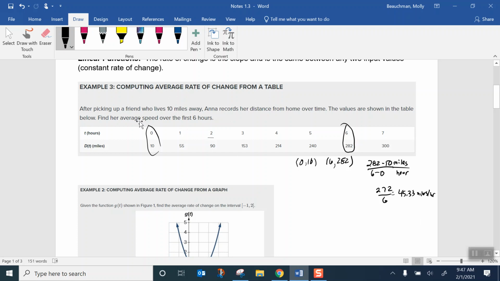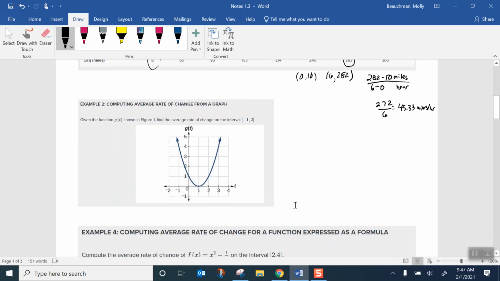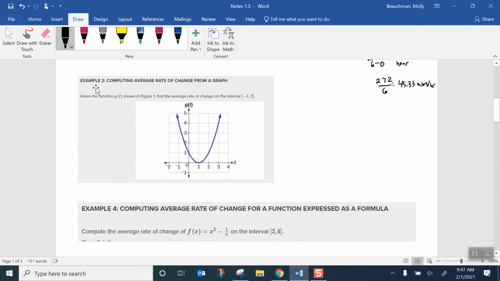So besides being given values in a table, you might be given a function in graph form. So our next example is, how do you compute average rate of change from a graph? If we're given the following function g, find the average rate of change on the interval from -1 to 2. So what we're trying to find, these are given in t time values.